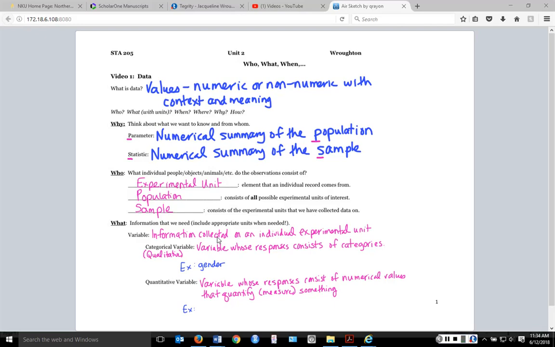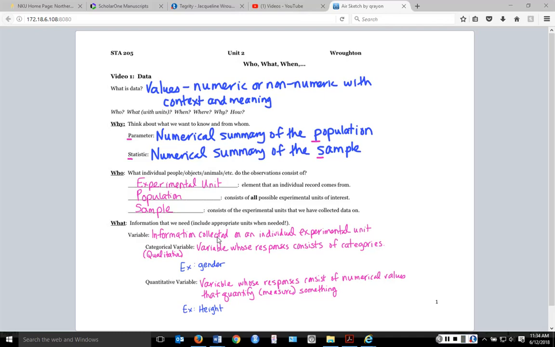Versus instead, if I was recording someone's height, so how many inches tall are you, that's going to fall under a quantitative variable. Because if I'm 64 inches tall and you're 67 inches tall, I can tell that you are 3 inches taller than me. So that's measuring something. So that's what we mean by that, quantify or measure something.